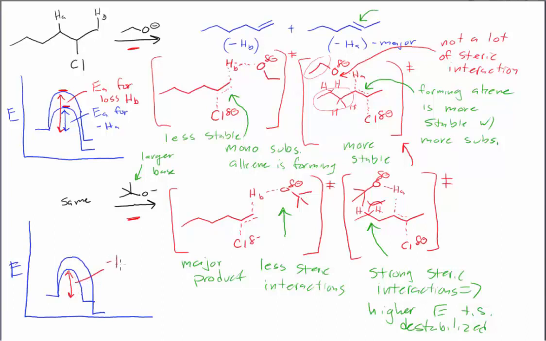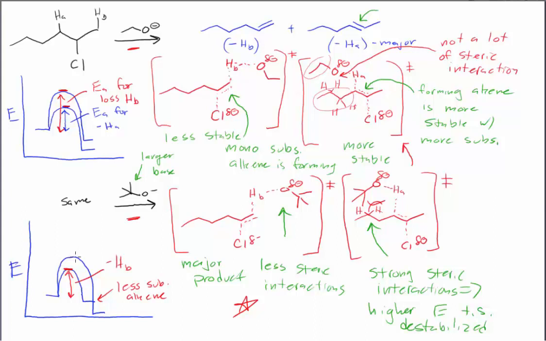And this is loss of HB in this case. We have a lower energy transition state, but we also have a higher energy product, of course, because the Hofmann product, the less substituted alkene, is higher in energy. So we're not making the thermodynamic product here, we're just making the kinetic product because the transition state in this case is better. That's going to be this one, this loss of HB transition state.